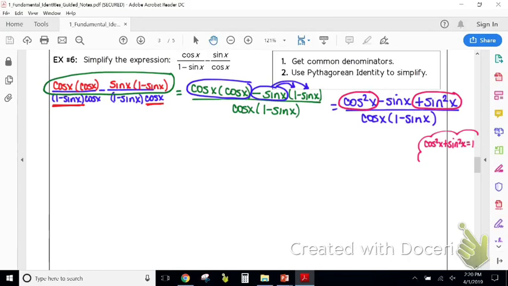equals 1. So I'm going to take and rewrite my numerator. I'm going to change the order around. So I've got cosine squared plus sine squared, minus sine of x over my least common denominator, or common denominator.